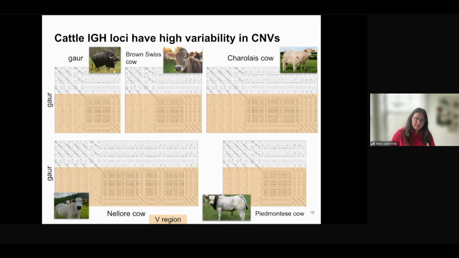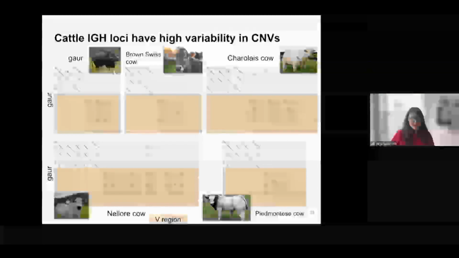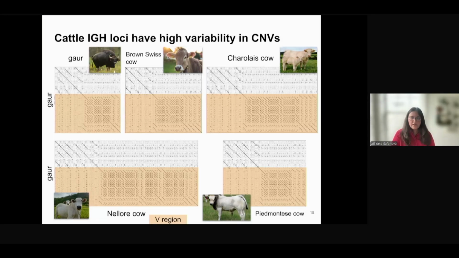But on the other hand, we also see a high diversity within the breeds. So we compared haplotypes of the Piedmontese cattle and we saw that they are very different. And it looks like this process started a long time ago, but it still continues. And this actually is very challenging because we see that this rapid evolution is happening right now.